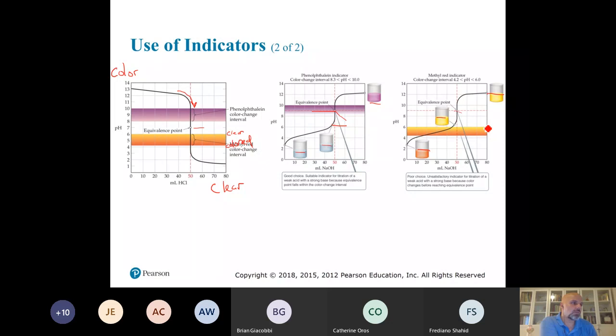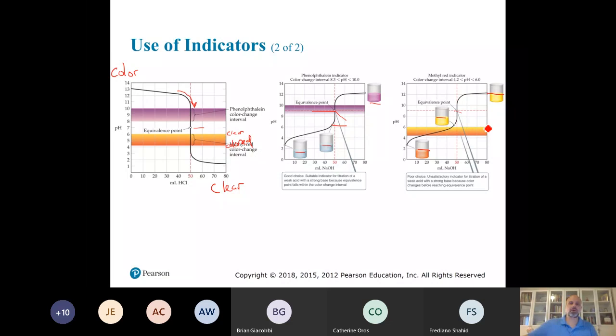So the question is whether the equivalence point is where the pH and the pOH are equal to one another. No, the pH and pOH are not going to be equal to one another at the equivalence point. It's where the concentration of the hydroxide and the concentration of, in this case, the HA, are going to be equal to one another.